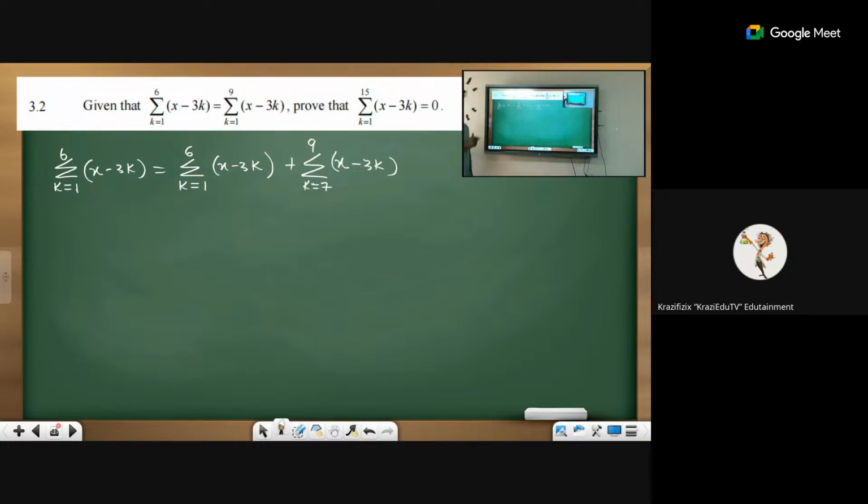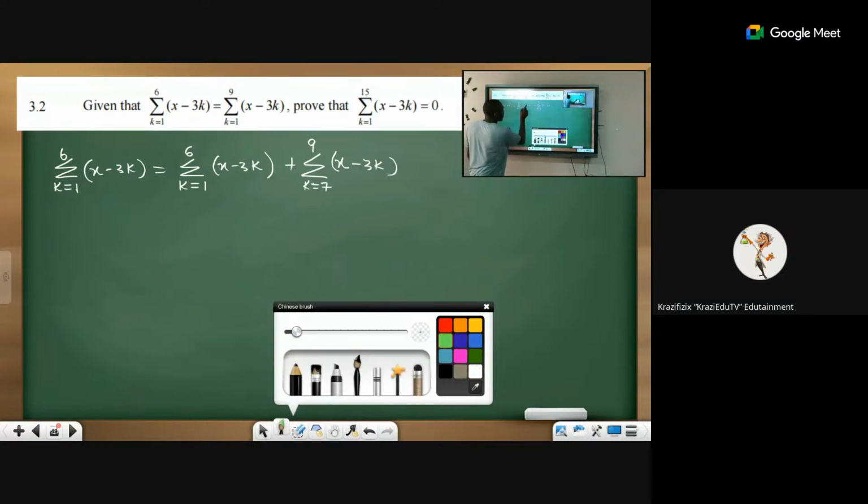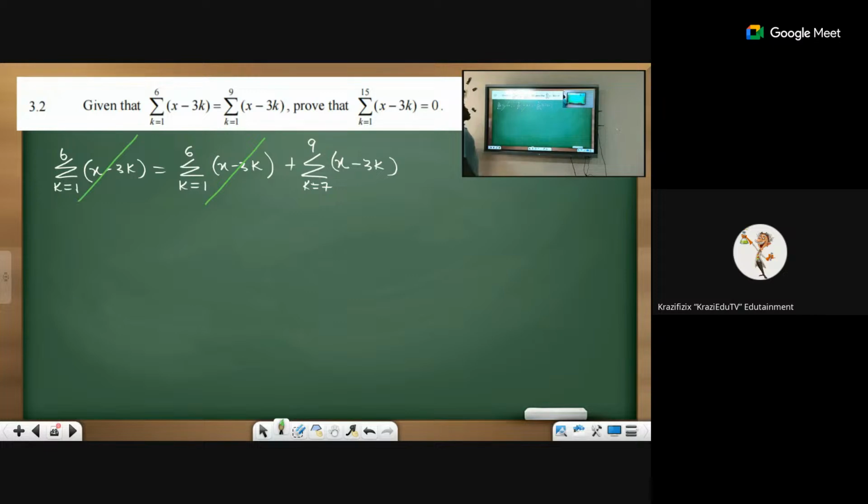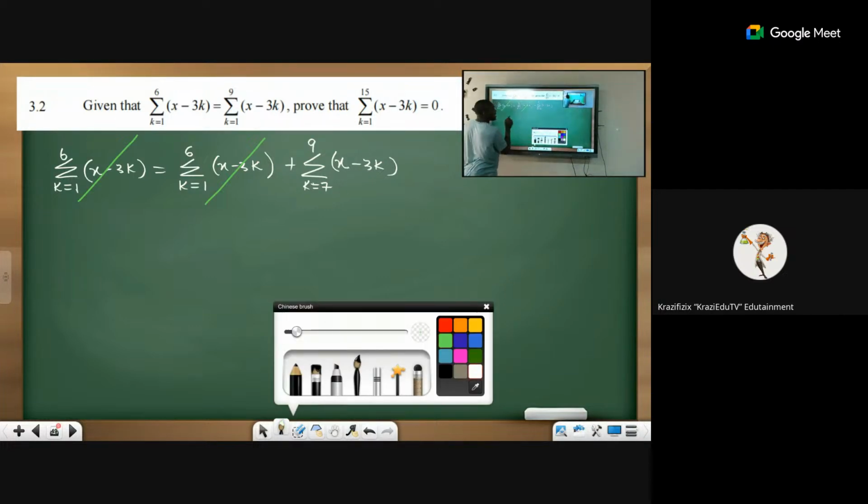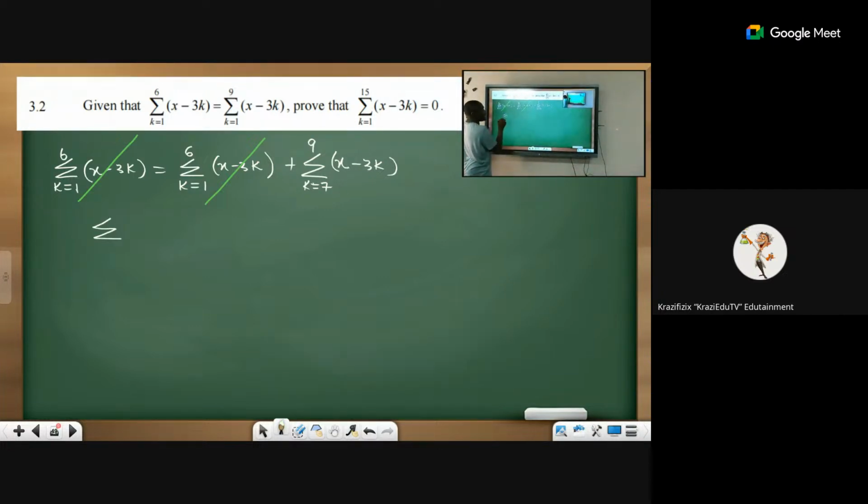That is 1 to 9 equal to 1 to 9, but we are told that they are equal. What do you notice? It's like moving it over to the other side. The whole expression is the same. So what does that give me? Sigma from 7 to 9 of x minus 3k should be equal to what?